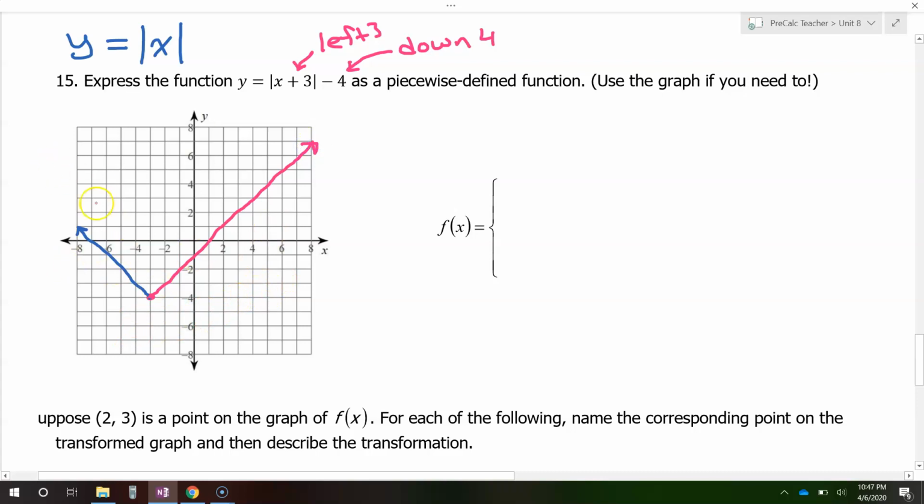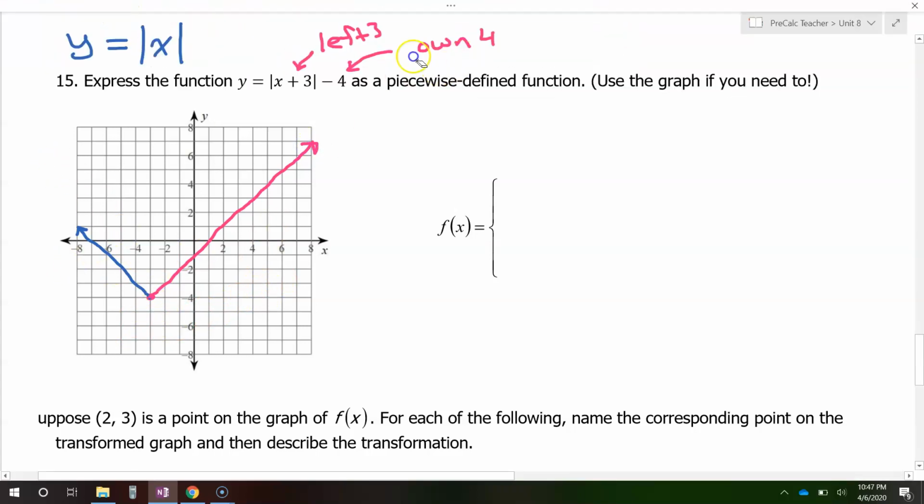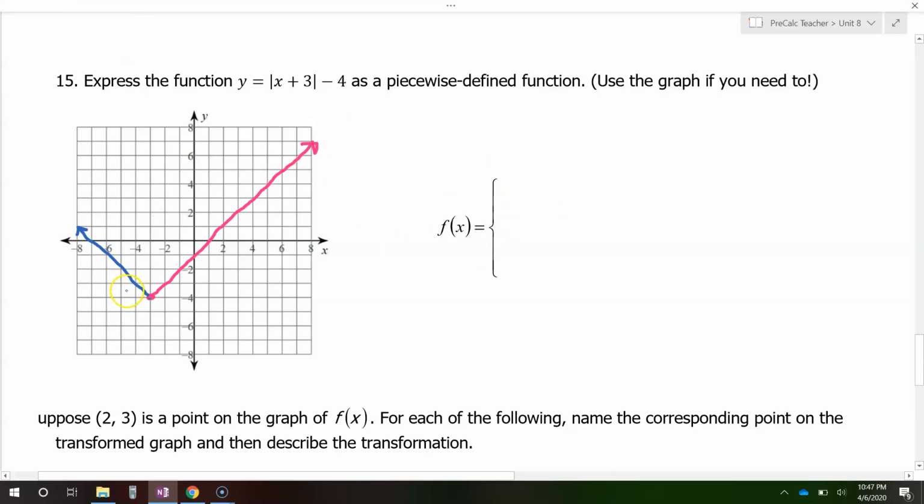Okay, so this is what the absolute value function will look like after this transformation, and this is what we now have to rewrite as a piecewise function. So the reason why I did two different colors is because each color is going to be a different piece on the piecewise function.